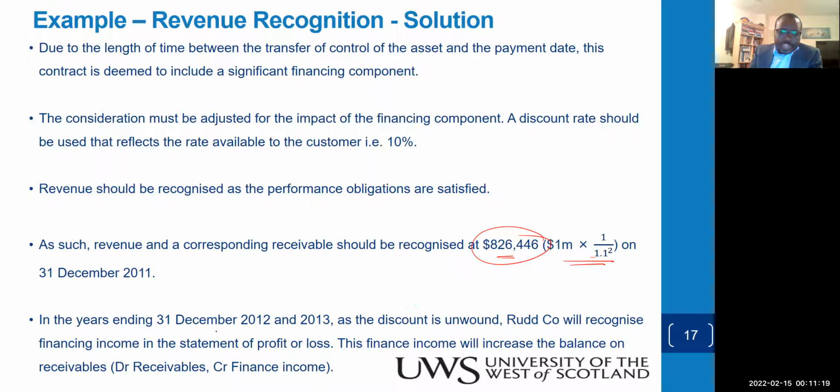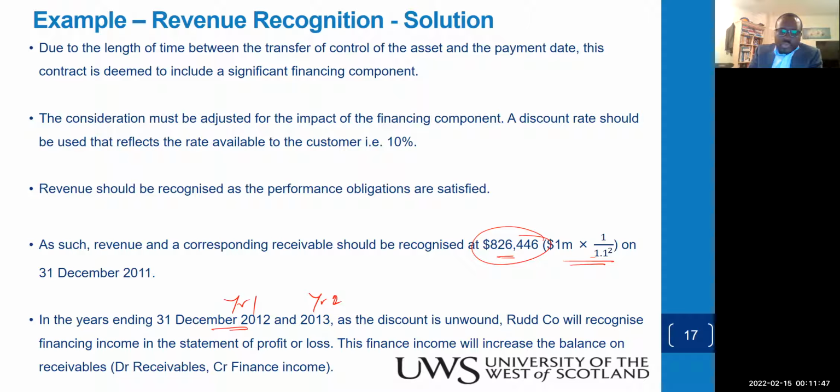So in the first instance, the year to 31st December 2021 is year 1, and 2023 is year 2, because the first one starts with 31st December 2011. As we unwind the discount, RAD Limited will recognize the finance income in the statement of profit and loss.